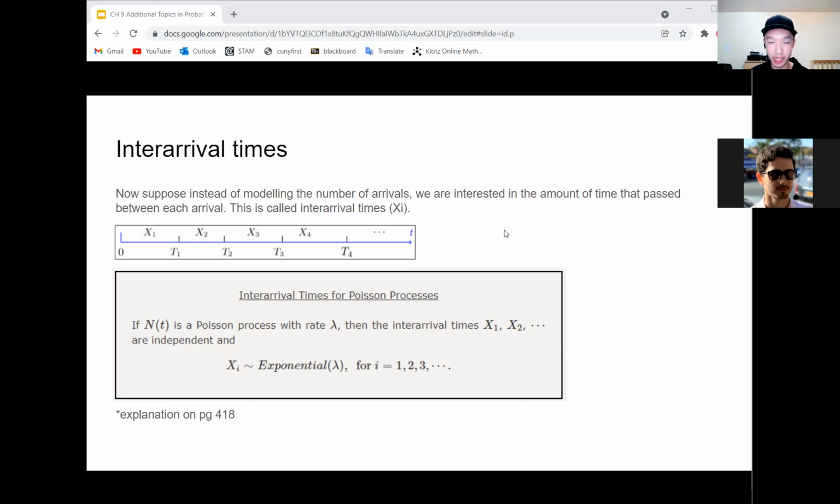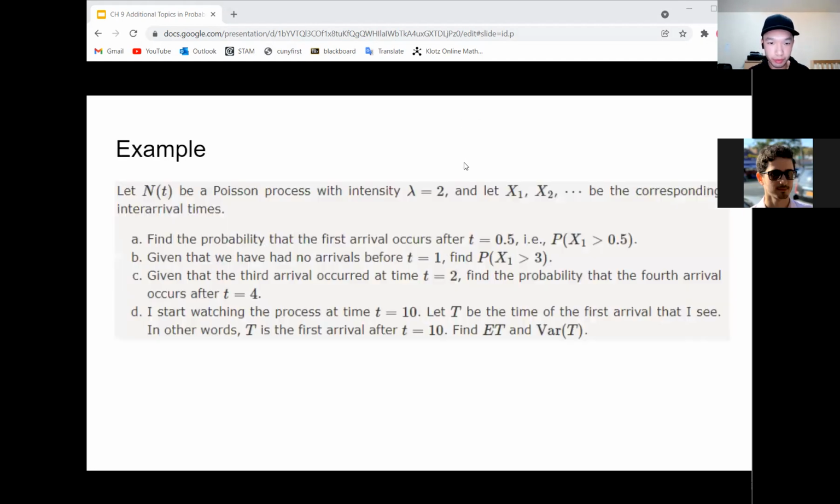As for why it's exponential, there's really no intuitive explanation, unless you want to read the proof, and I'm not even sure that would help. To recap the difference: if you're talking about the number of customers, that's Poisson, but if you're interested in the amount of time between each customer, that's exponential. So let's do an example.